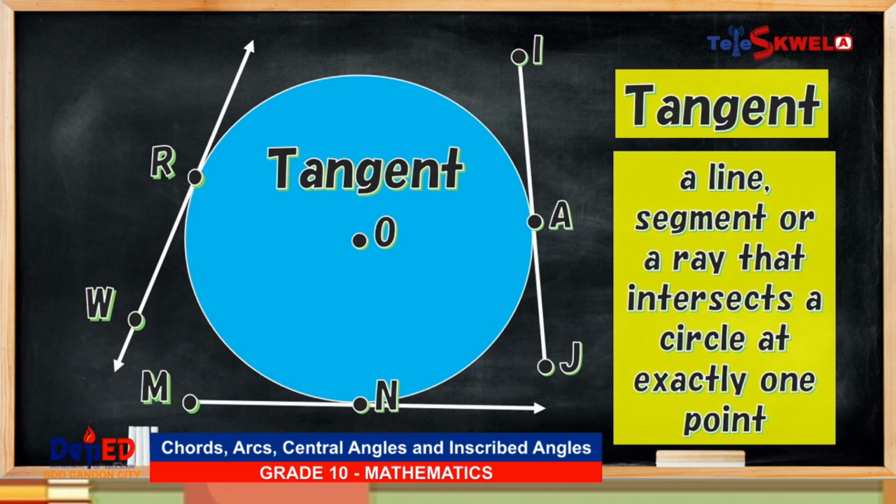What is the point of tangency of circle O and tangent line WR? Correct! It is point R. What about the point of tangency of circle O and ray MN? Very good! Point N. And what about the point of tangency of circle O and segment IJ? You're right! It is point A.